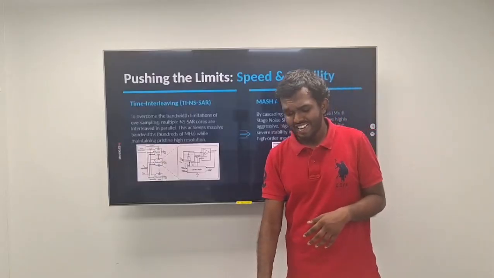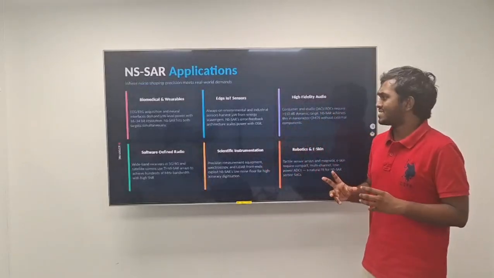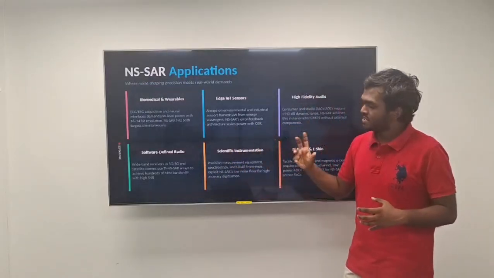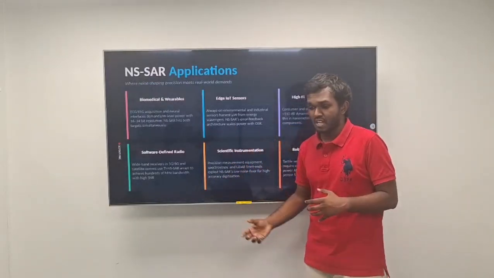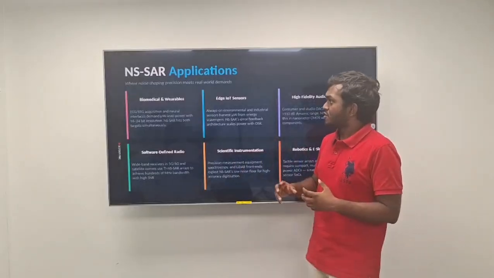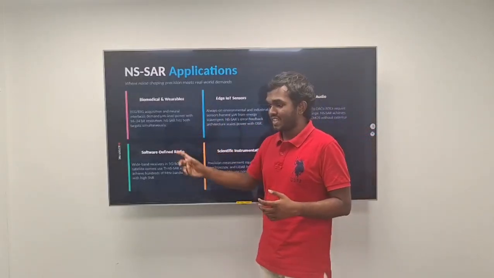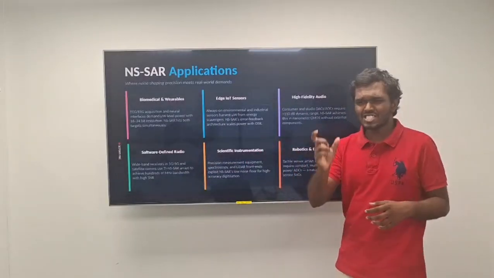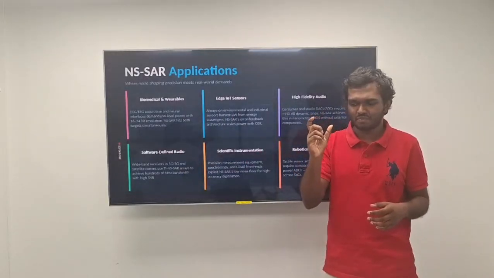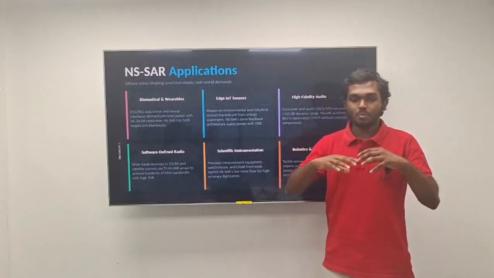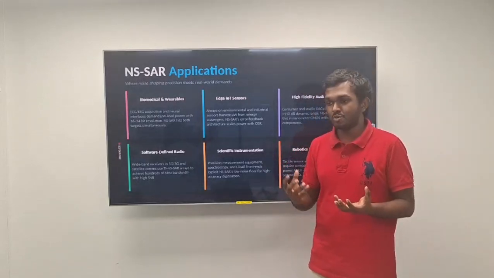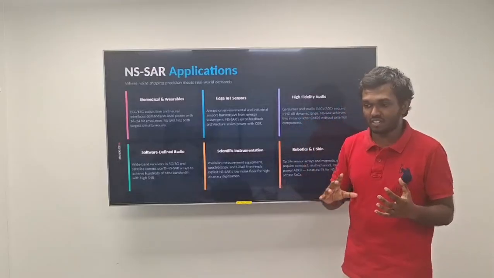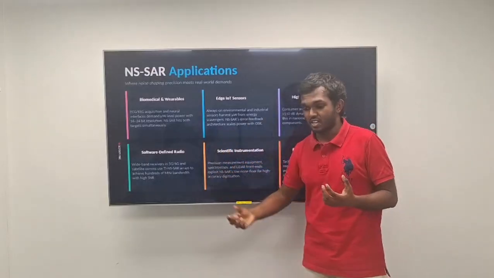In my next slide, I'm going to talk about some applications that noise shaping SAR ADCs are used in. When we talk about biomedical and wearables, like your smartwatches and ECG patches, they only have a small, tiny battery, so they must consume very little power.